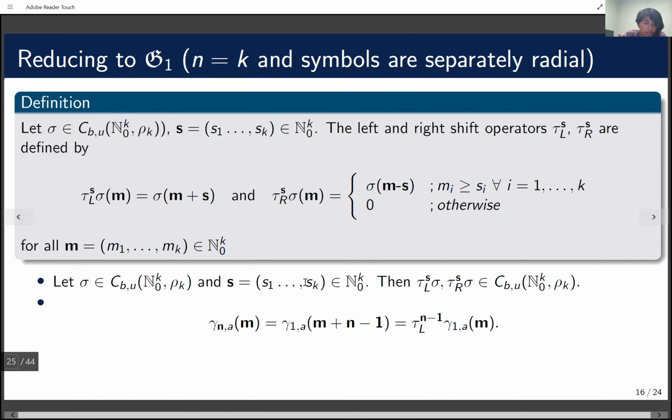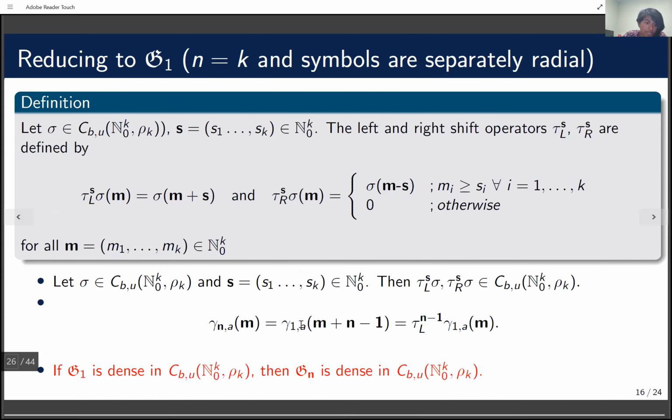So using these two facts, we get that if G_1 is dense in CBU, then so is G_n. So if the separately radial case is dense in CBU, then G_n is dense in CBU as well. So it's an if and only if statement. So if we can show that the separately radial eigenvalue functions are dense in CBU, we are done.